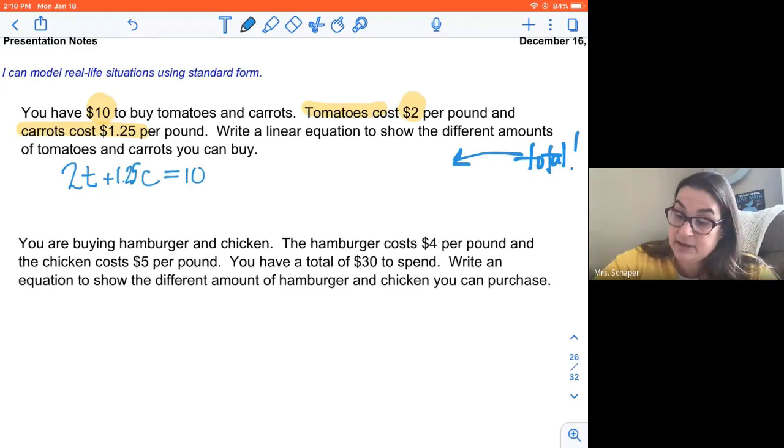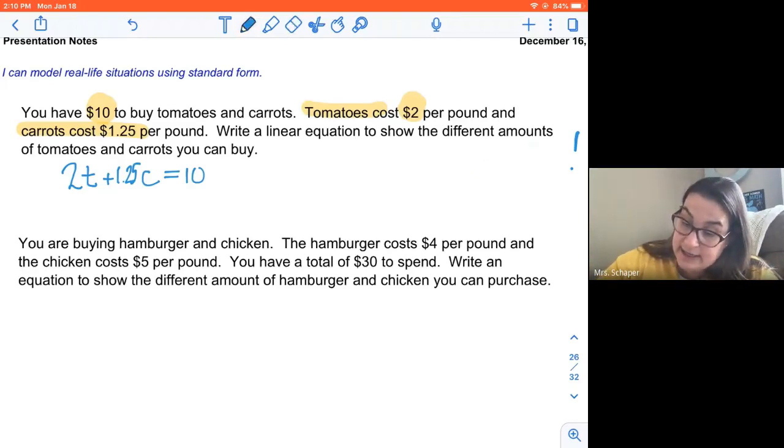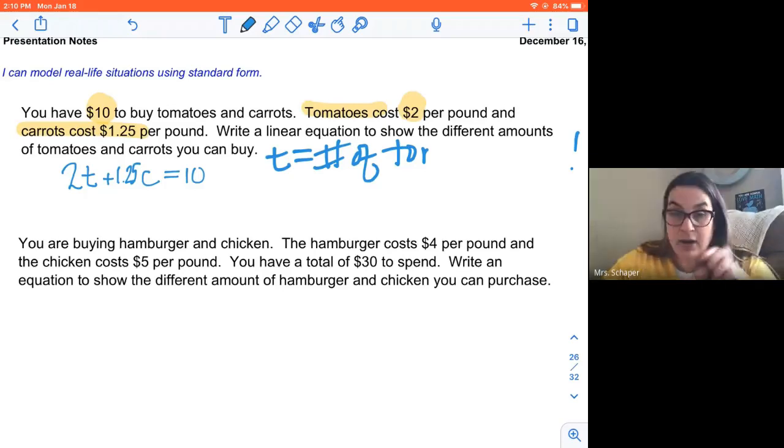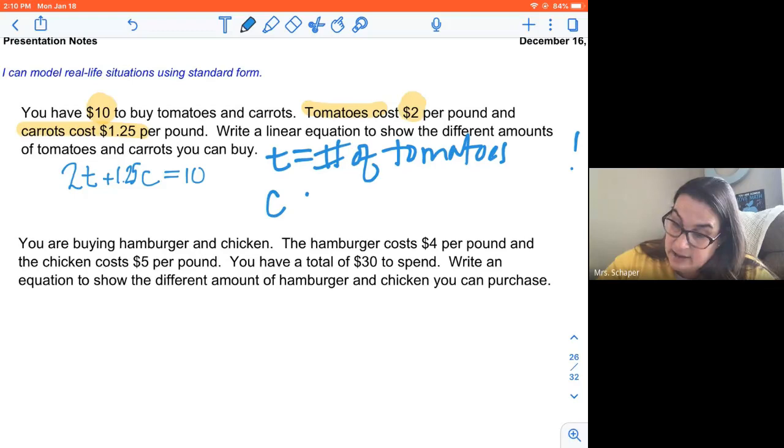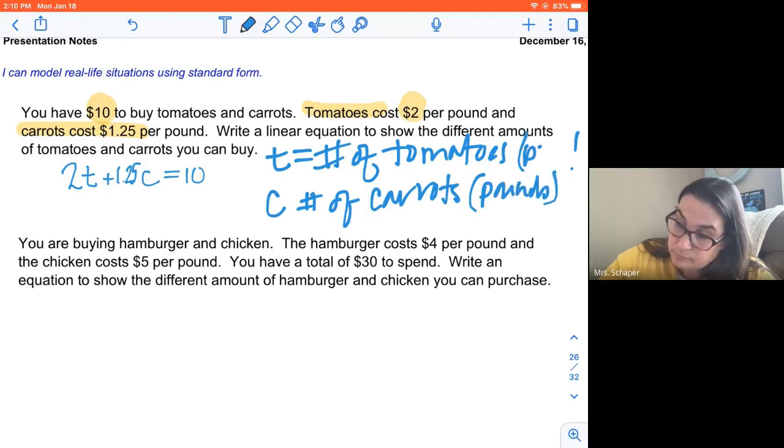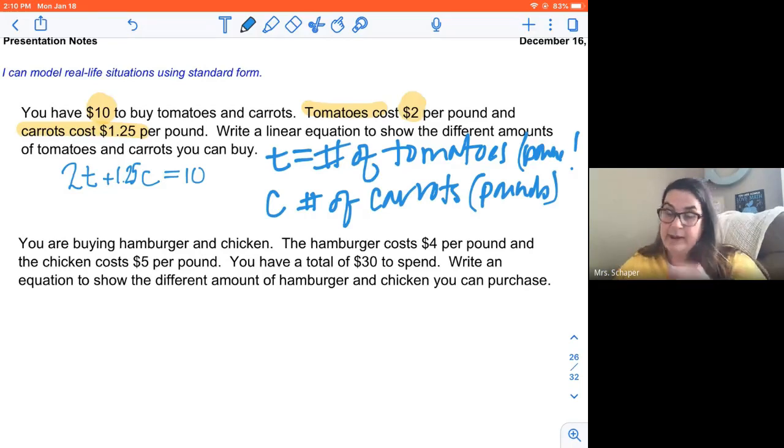The other important piece is that I indicate that T is the number of tomatoes, not just tomatoes, and C is the number of carrots. I should put pounds behind it so we know we're talking about the number of pounds. That's what we need you to do. This is what we're looking for right here, okay?